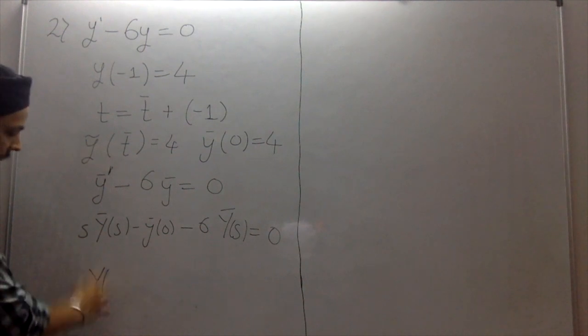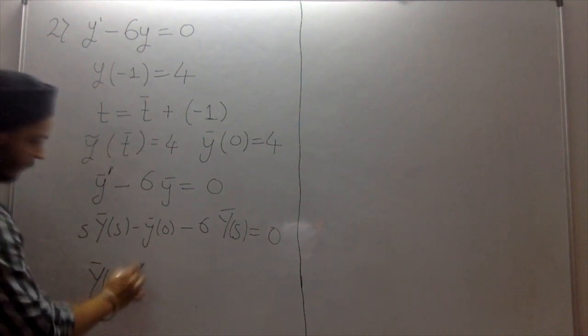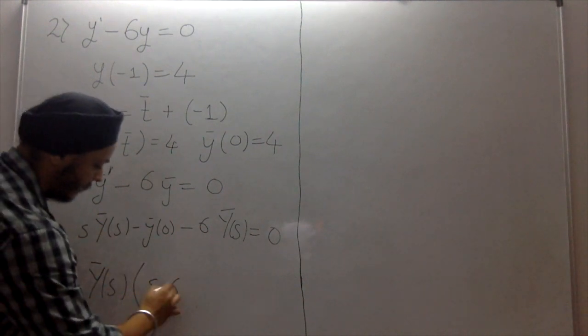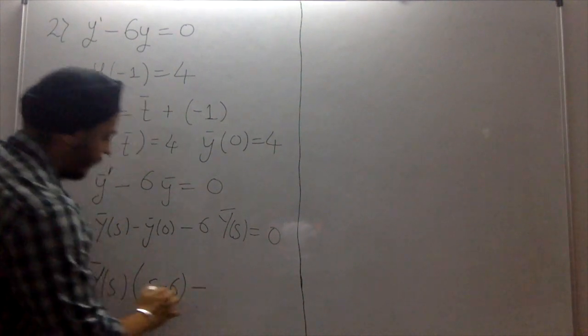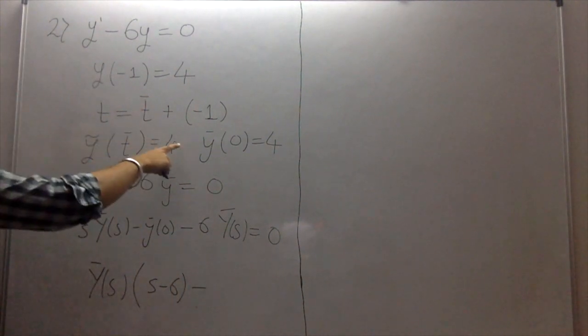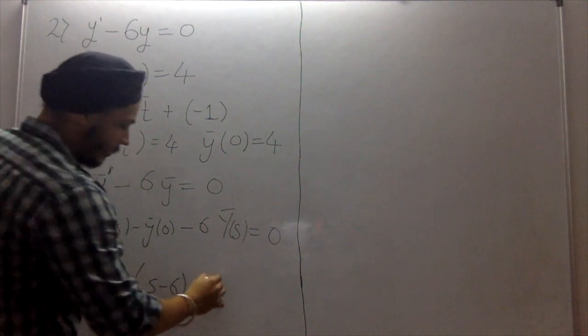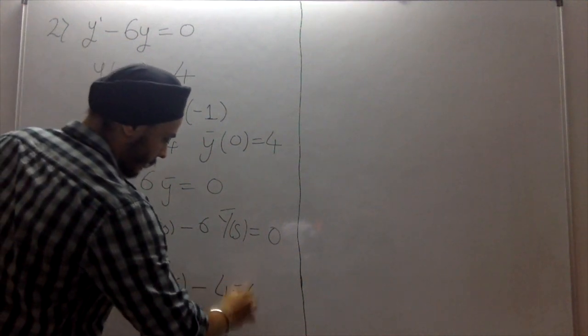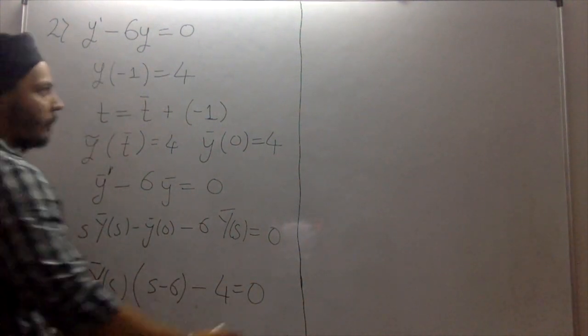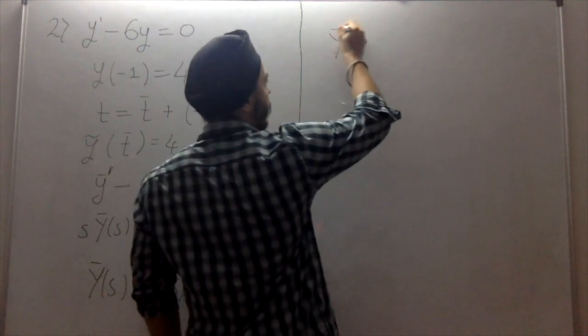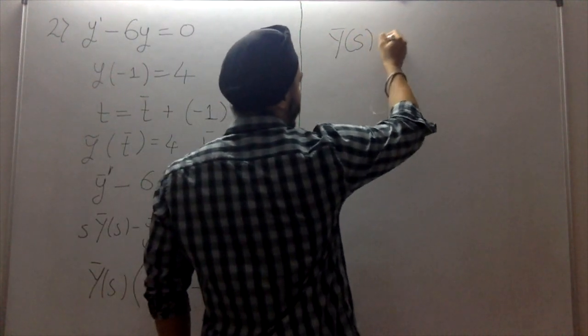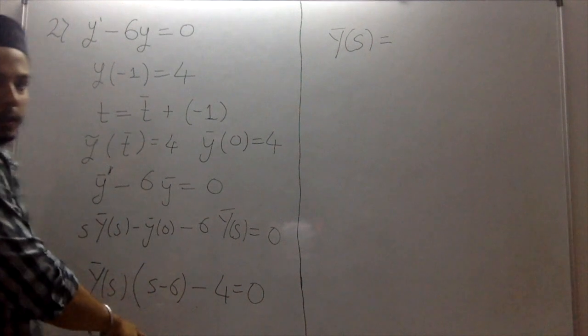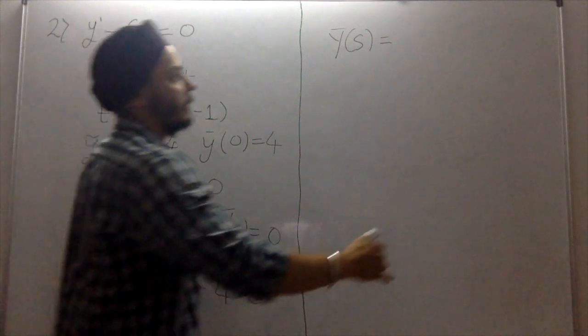Hence our equation is y bar of s times (s minus 6), minus y bar of 0, which is nothing but 4, equals 0. Hence our y bar of s is 4 over s minus 6.